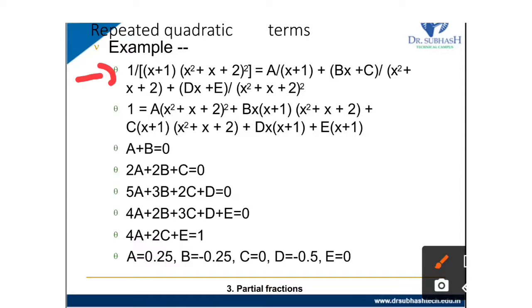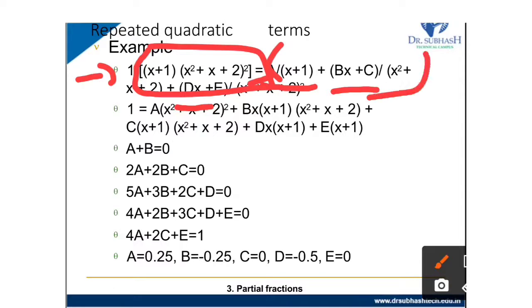So a divided by x plus 1, bx plus c divided by x square plus x plus 2, then dx plus e divided by x square plus x plus 2 the whole square. Now this denominator will be put on the other side of the equal sign, so it will be multiplied with all the terms.